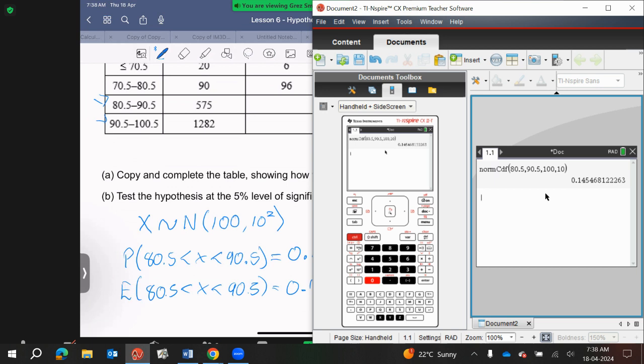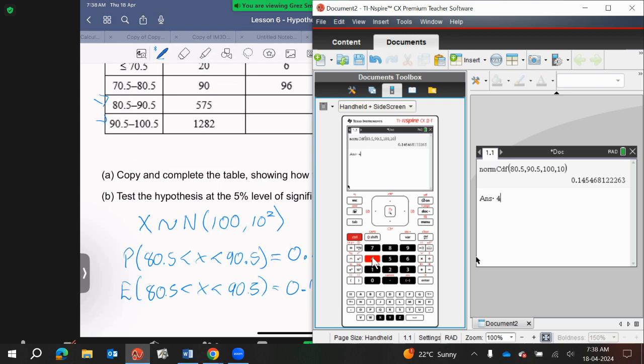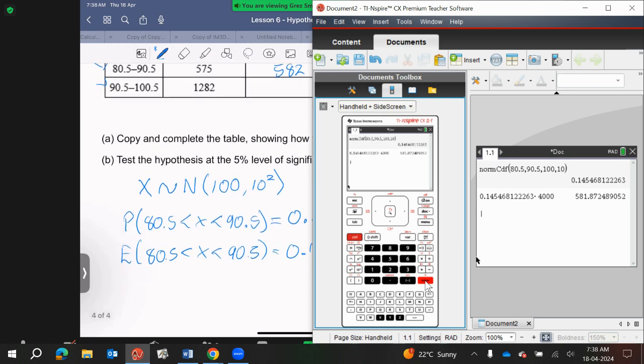If we multiply that by 4,000, this will be how many students we would expect to find in this category, and this is going to be equal to 582. We need to repeat that calculation for the other intervals.